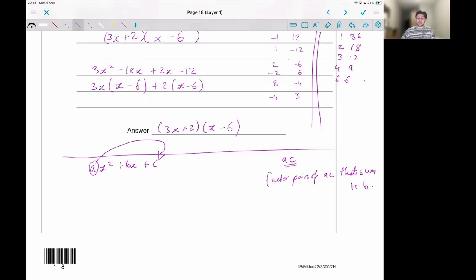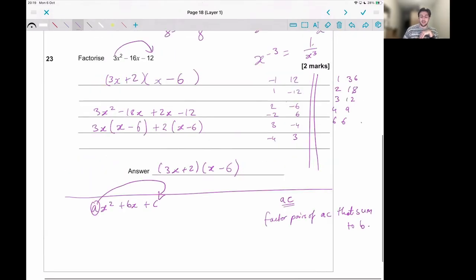Then once you've got it, you write it down with the split up x. So you've taken that B and you've split it into the two factor pairs that you found. So we had our minus 16x here, and we split it into minus 18x and plus 2x. And then you were factorizing that. That's how to do that.